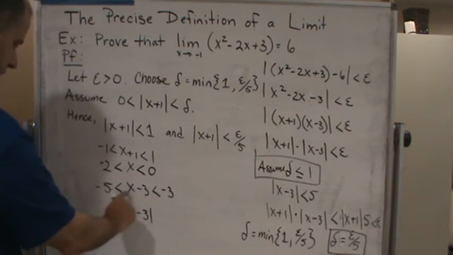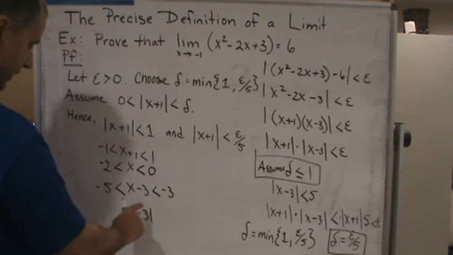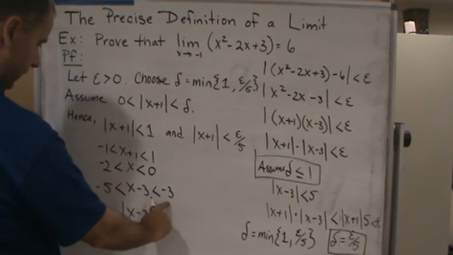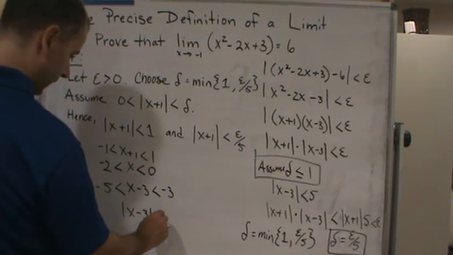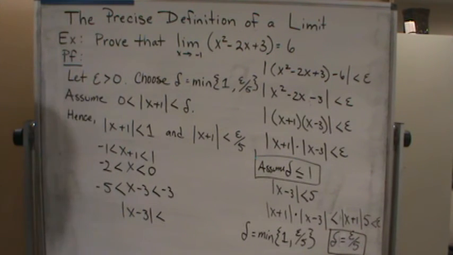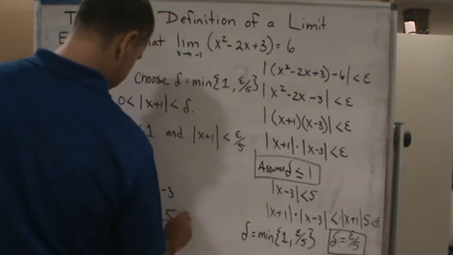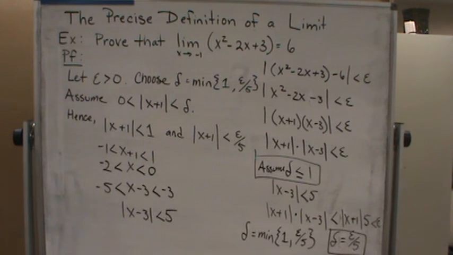So this is true. It's definitely saying that the absolute value, because this is going from negative 3 to negative 5, so the absolute value of this is less than 5. All right, so now what?